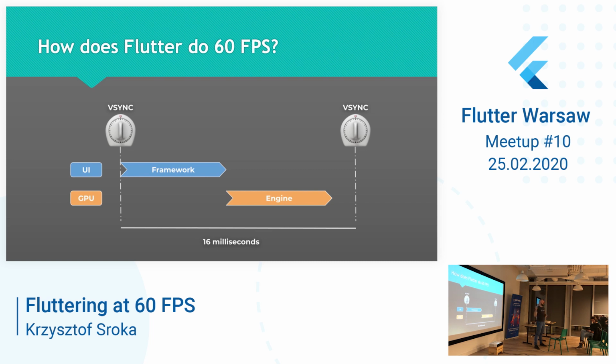And if it completes one of these cycles, so every time this vsync event happens, I'll tell you in a moment what vsync is, this cycle starts, and if we manage to do that work in 16 milliseconds or less, we'll have a nicely performant app in 60 FPS, very smooth, with all the nice features, and people will think, oh, this is a really good, well-written app. Congratulations, developer, have a coffee.